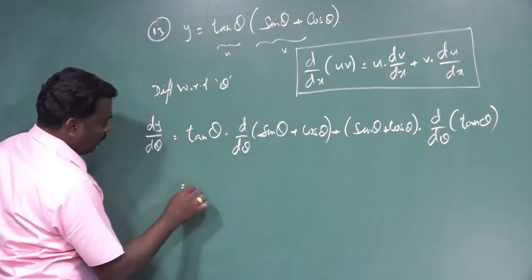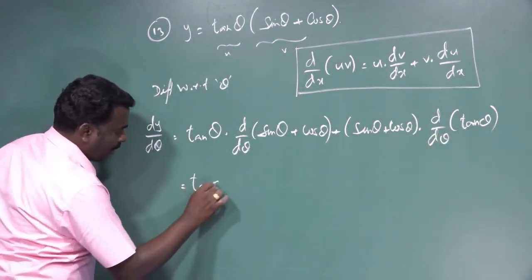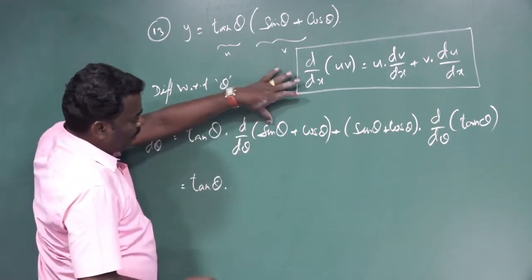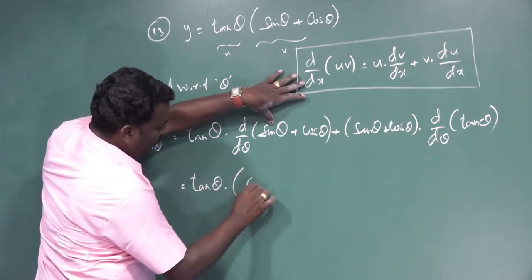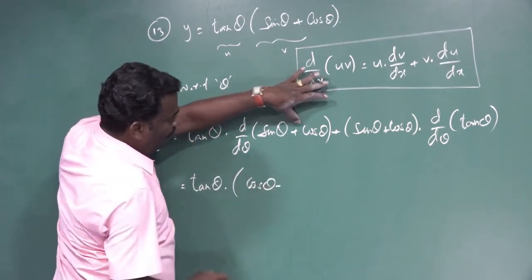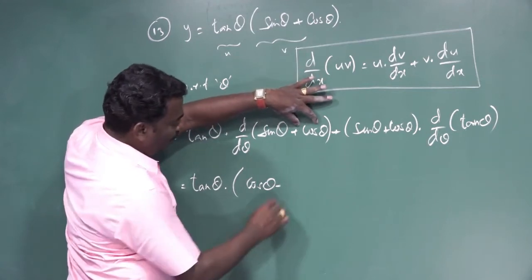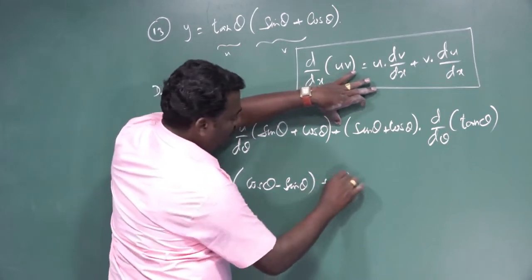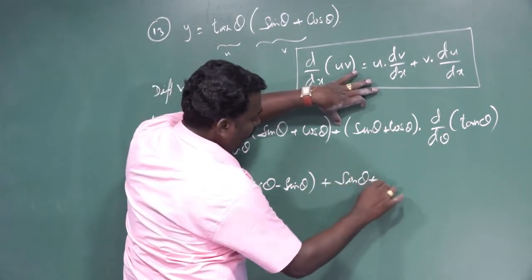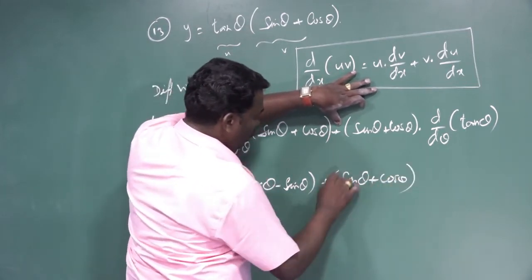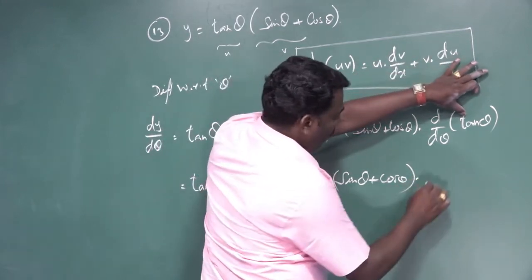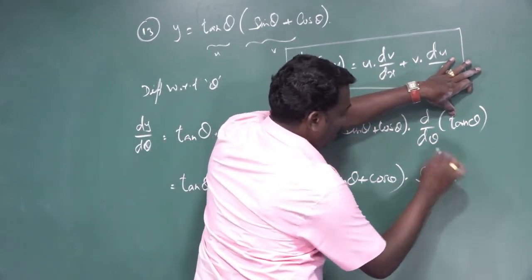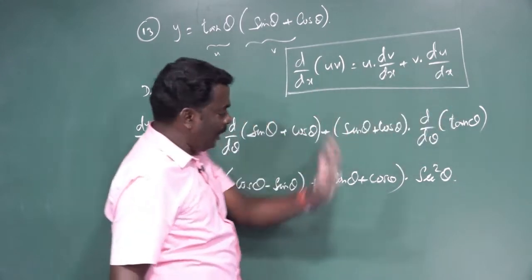Now, tan theta as it is, times the differentiation of sin, which is plus cos theta, and minus, since the differentiation of cos becomes minus sin theta. Plus (sin theta plus cos theta) times the differentiation of tan, which we know is secant square theta.